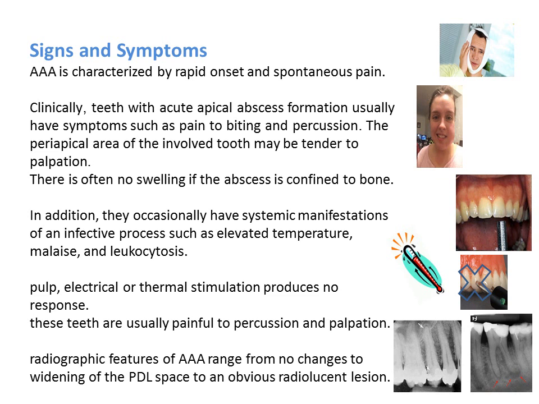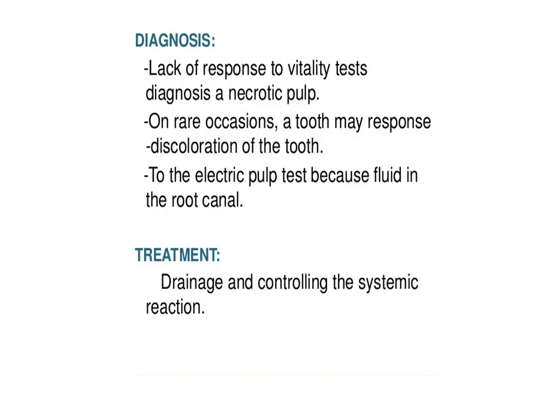But from your diagnosis, you know that there was a drain for that abscess through the tooth root canal. The diagnosis is a lack of vitality test response, as the necrotic pulp does. On rare occasions, the tooth may be responsive if you have more than one canal.